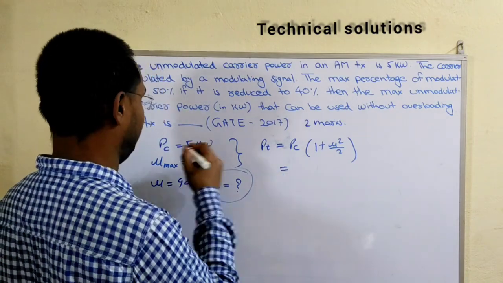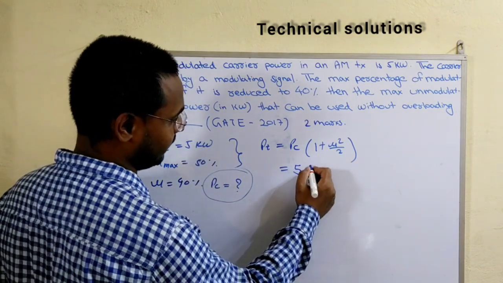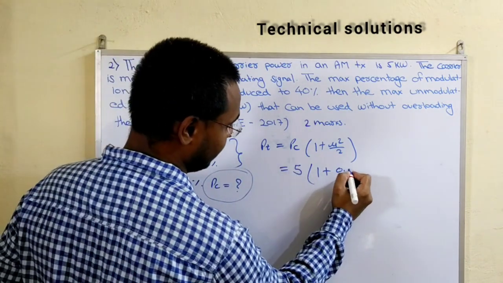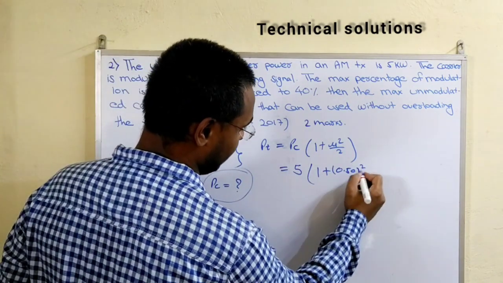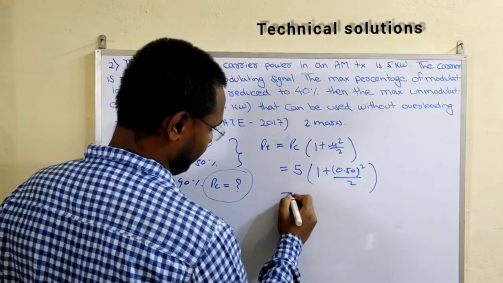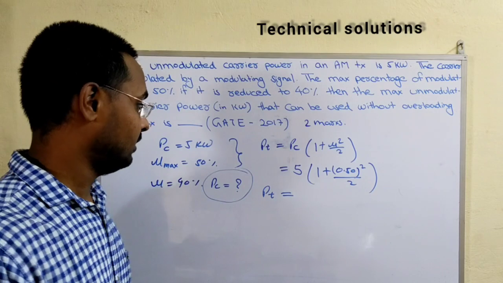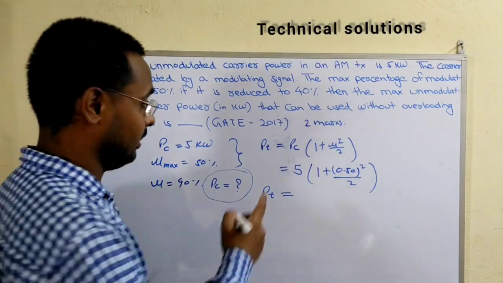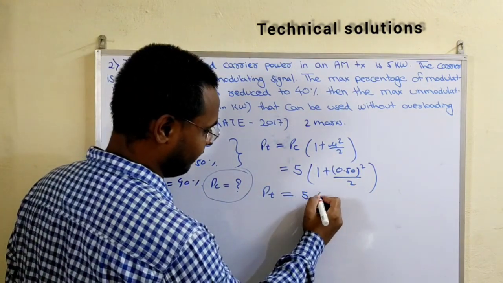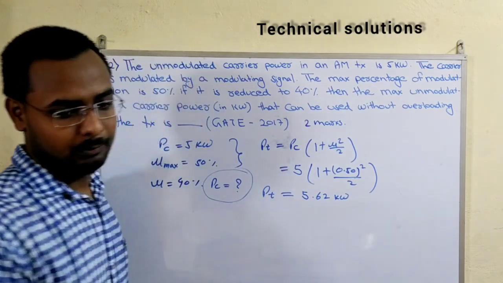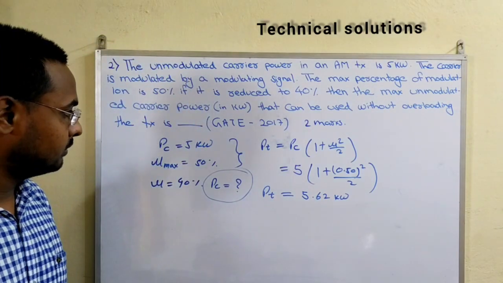Right? PC is what? 5 kilowatt. 1 plus 0.50 whole square by 2. After solving this equation, you can find PT is 5.62 kilowatt approx. Okay.